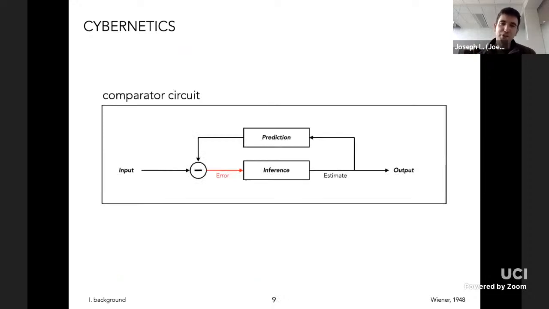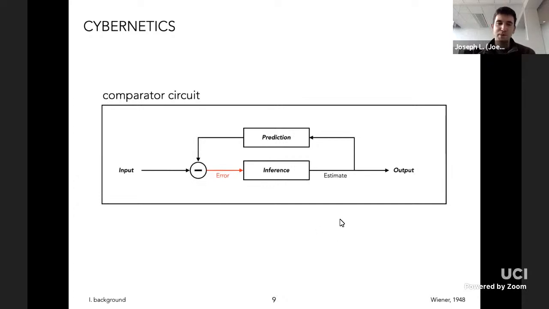If there's one thing you should take away from cybernetics, it's this basic circuit, called a comparator circuit. The idea is that you have some input, some desired signal, and you take the output, compare it with a prediction, and get the error between your prediction and your input. You take that error and update your estimate in some way.